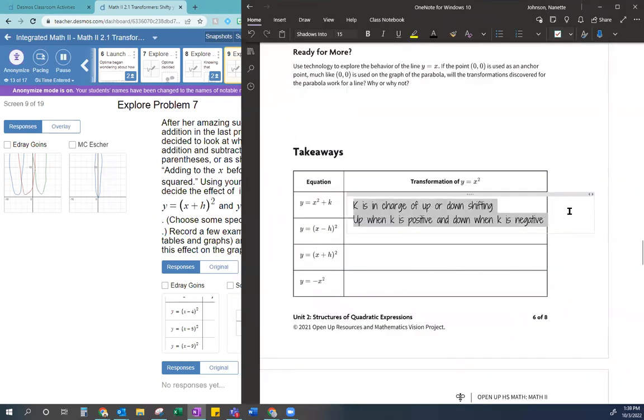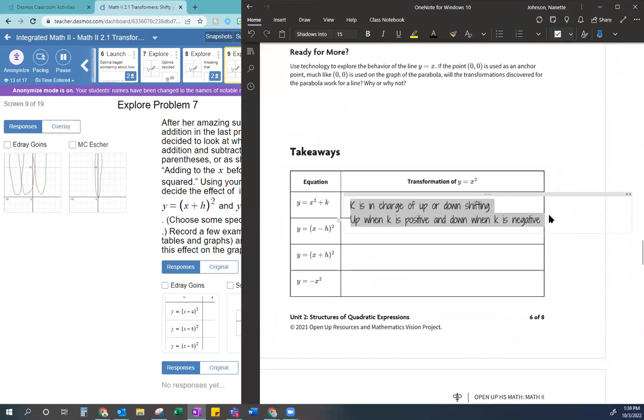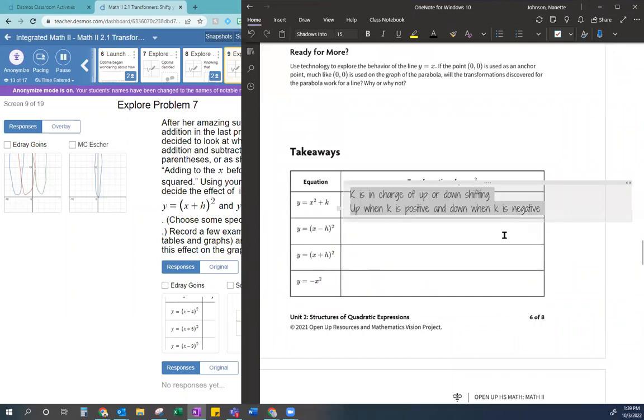Very good. Okay. So shift this up a little. Okay, there. So then H is in charge. You guys said in charge of moving, of shifting. I'll use the word shifting left or right.